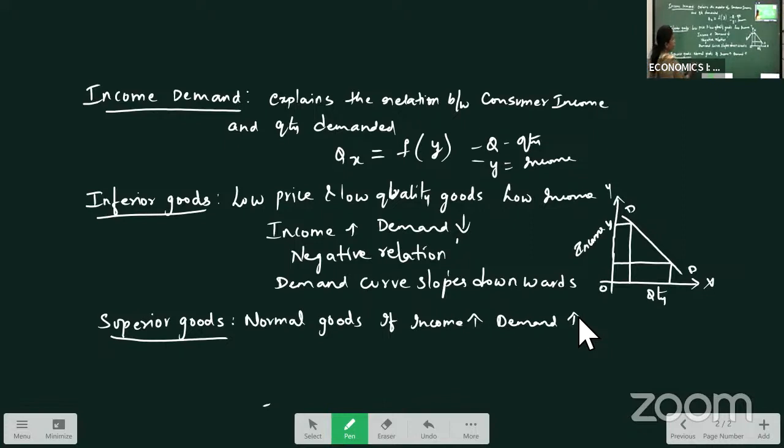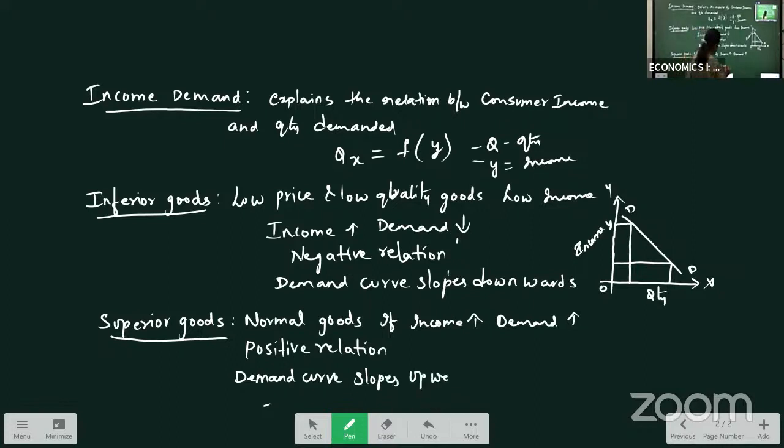So in this case, what will be there? There will be a positive relation. In case of superior goods, there is a positive relation between income and demand for superior goods. When there is a positive relation, our demand curve will slope upwards.